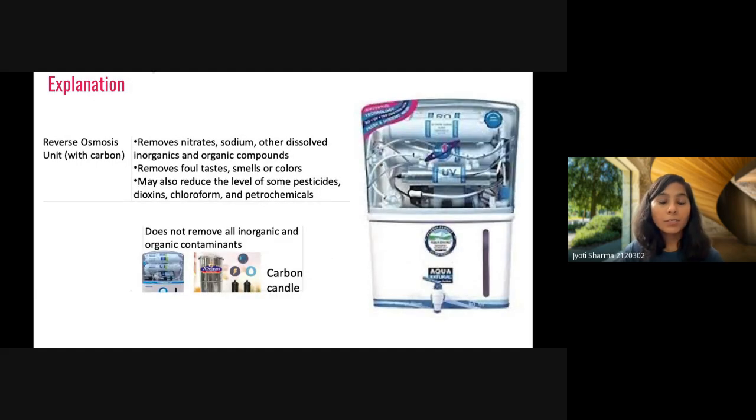So just see here, we can remove nitrate, sodium, inorganic or organic compounds. We can remove foul smell and color also. We can improve the taste. It can also reduce some level of pesticide, dioxin, chloroform, and petrochemicals, but it can't remove all of these contaminants, right? Some of them it can remove.